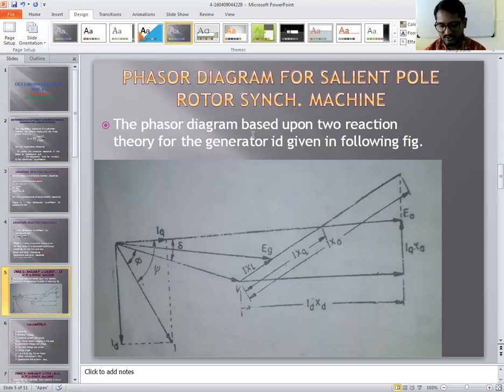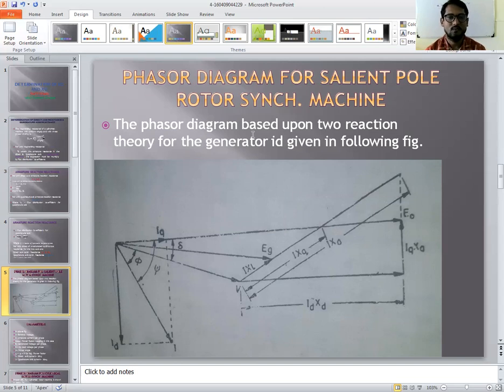The third is that the generated voltage in the open circuit field can reach a dangerous value, and the induced voltage in the open circuit should be less than the rating of the voltmeter connected in the circuit. These are the precautions while carrying out the determination of XD and XQ using the slip test.